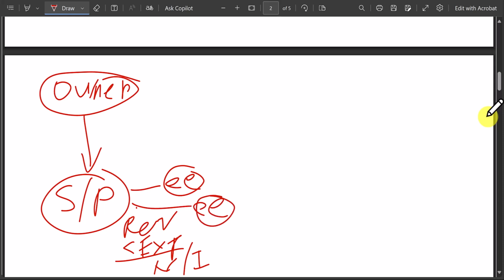But the owner up here cannot be treated as an employee of his or her own business. When we pay employees, that's an expense being deducted, paying salaries or wages to our employees. But when you pay the owner of an unincorporated business, as we'll see also in a partnership, that's called a withdrawal or withdrawing or drawing.